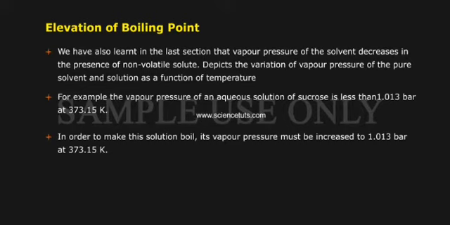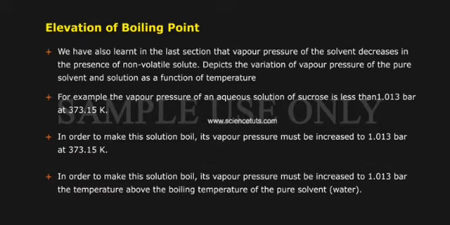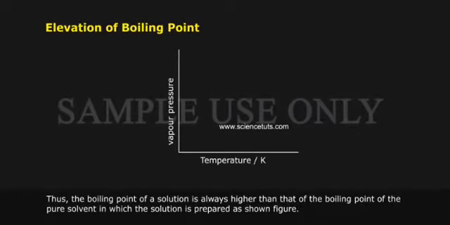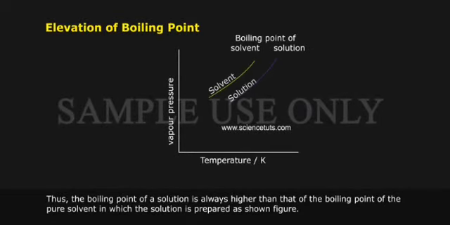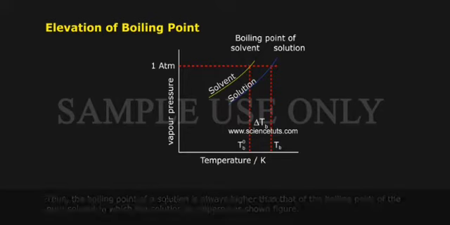In order to make this solution boil, its vapor pressure must be increased to 1.013 bar, which requires a temperature above the boiling temperature of the pure solvent, water. Thus, the boiling point of a solution is always higher than the boiling point of the pure solvent in which the solution is prepared, as shown in the figure.